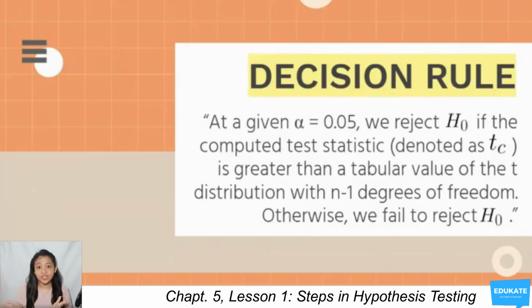Otherwise, we fail to reject the null hypothesis. So in this given example of a decision rule, we can easily see that there is the level of significance and the test statistic to use, which is the t-test, denoted from the t-table.